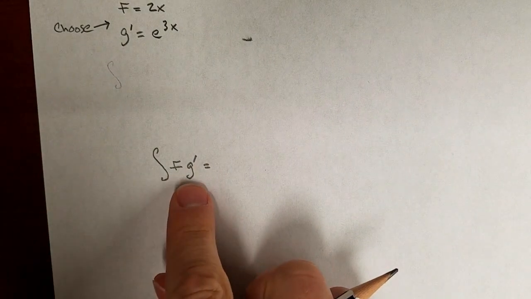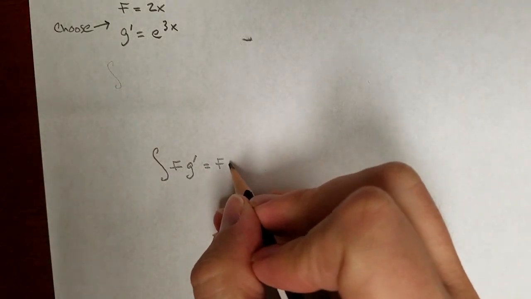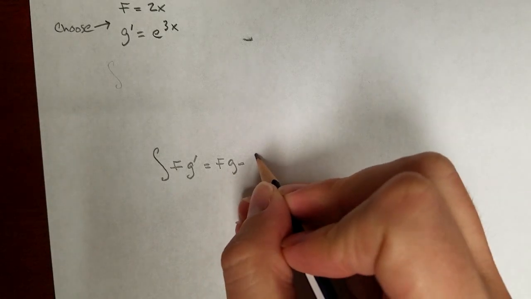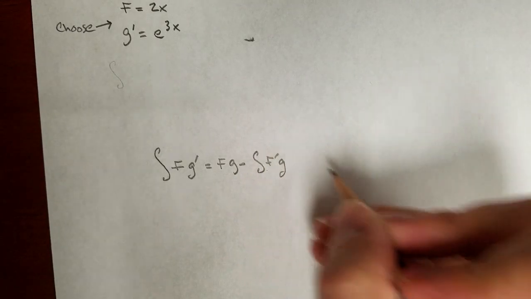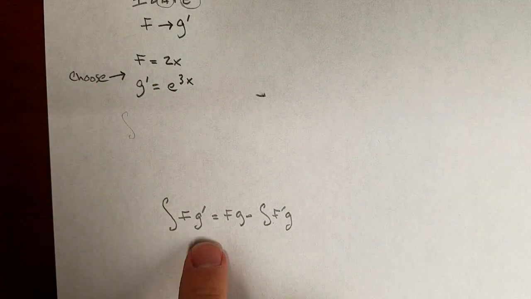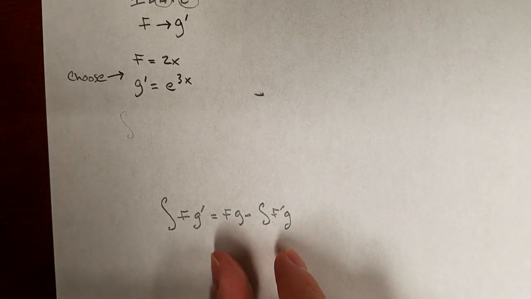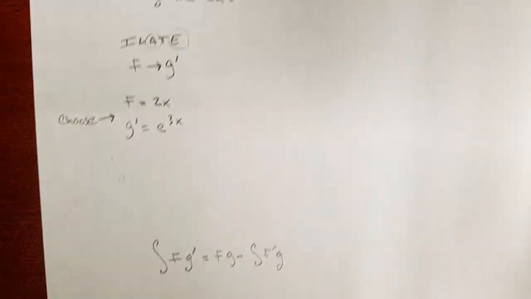And once you make your decision about which of those is what, it's f times g minus the antiderivative of f prime times g. That's how you do it. You make your choice about what f and g prime are, and then this will become your answer if you work it out further.